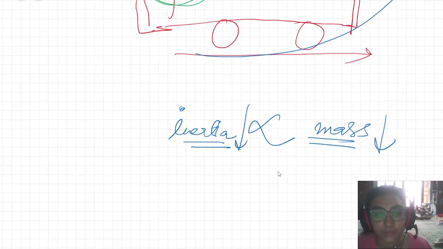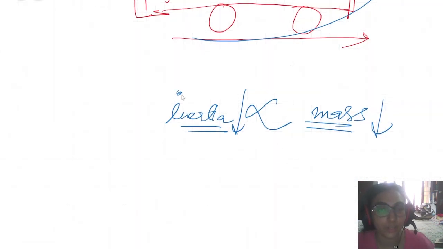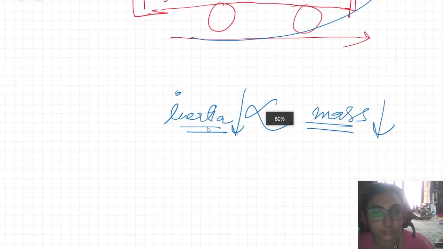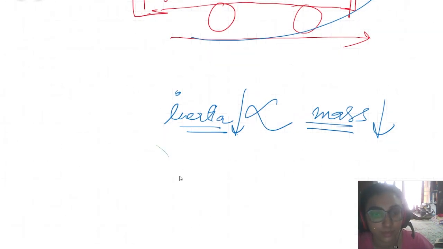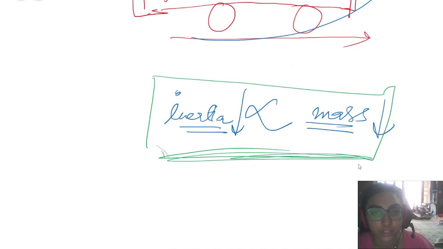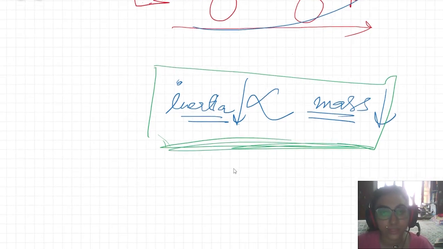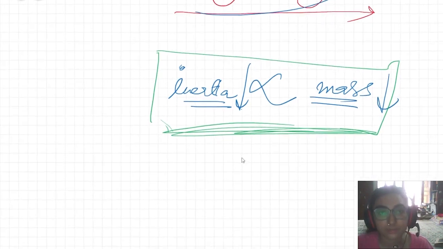So from here we get to know about another useful thing which you are going to need. You can mark it that inertia is directly proportional to mass. Okay, so with this we come to an end of the first law.